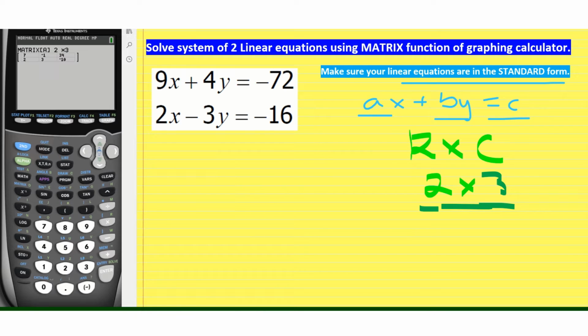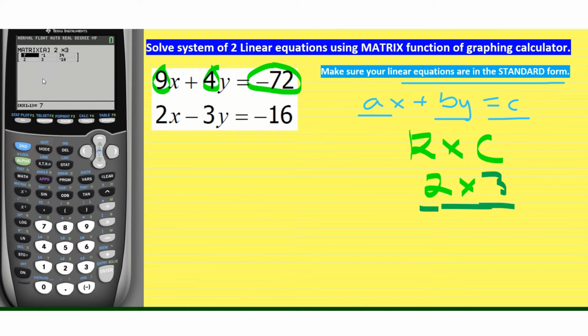Okay, so we're going to put in our new data. Our new data will be the 9 coefficient, the 4 coefficient, the constant of -72. So I'm going to push enter, enter, and that puts me in the first box. I'm going to put 9, enter, and then 4, enter, and then -72. Notice I'm going to use the negative here at the bottom of my calculator.